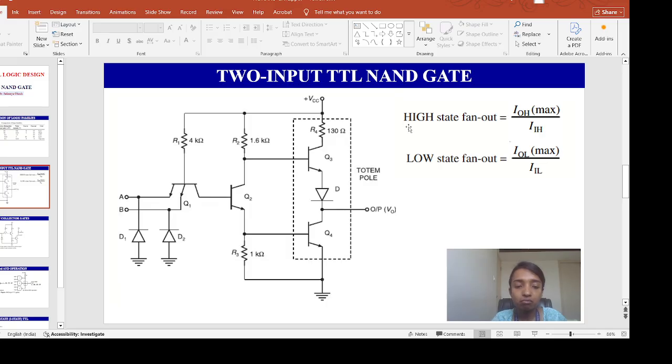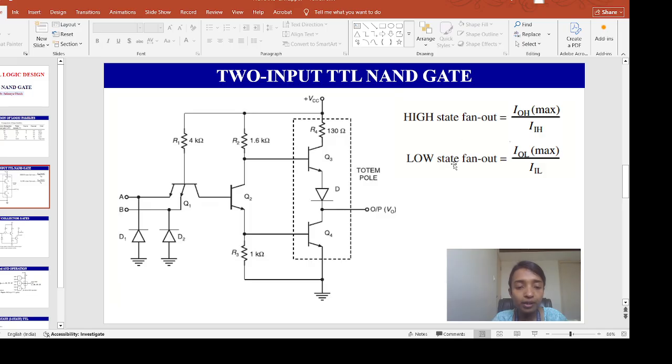Now, what is TTL loading and fan out? We will see that. So a TTL output has a limit, which is IOL max. What is IOL? The low level output current, right? That is how much current it can sink in a low state. And a limit IOH. What is IOH? IOH is the high level output current.